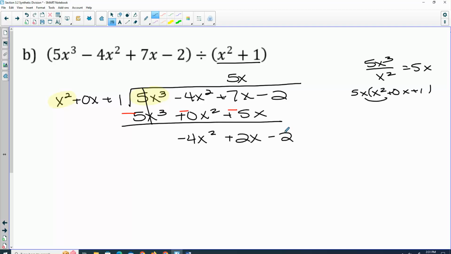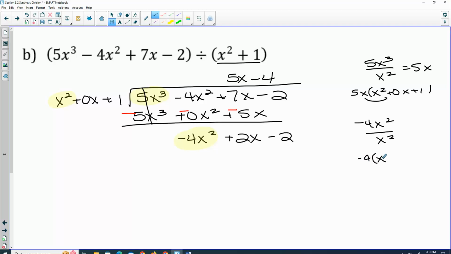Is everybody with me? Now what do we do? We're back to the beginning. So we divide just that first term. So I need negative 4x squared divided by x squared. Negative 4.